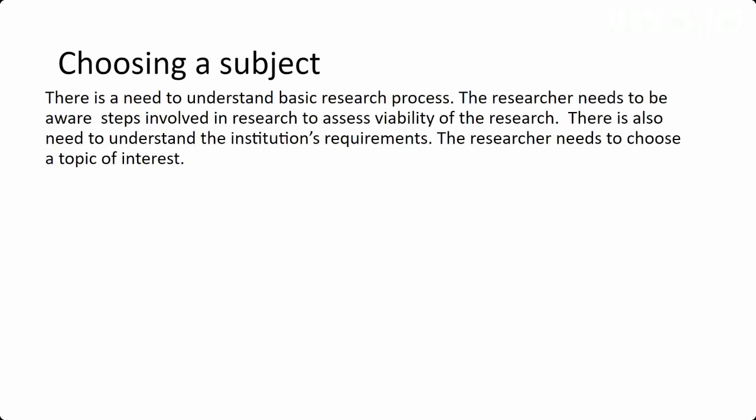There are several understandings regarding the basic research processes, and there is need to understand how all the steps are achieved or approached. The researcher needs to be aware of steps involved in a research to assess the viability of the research.